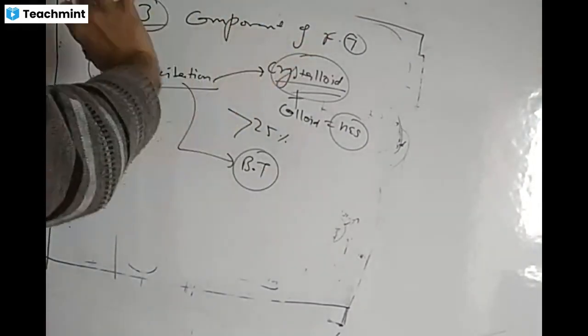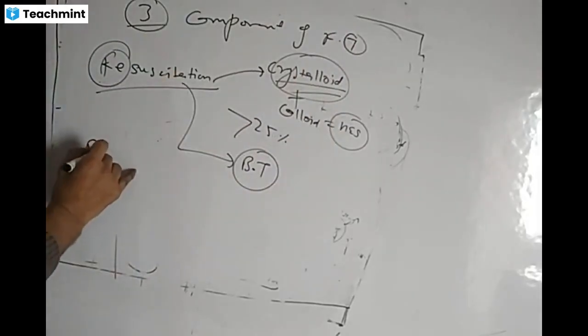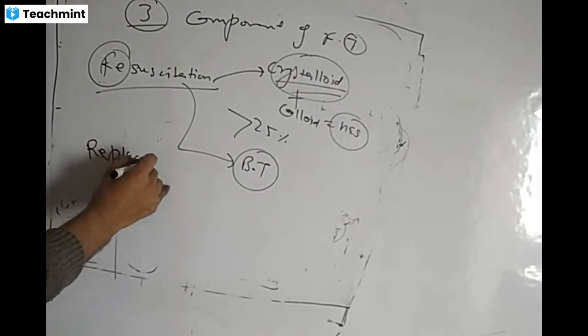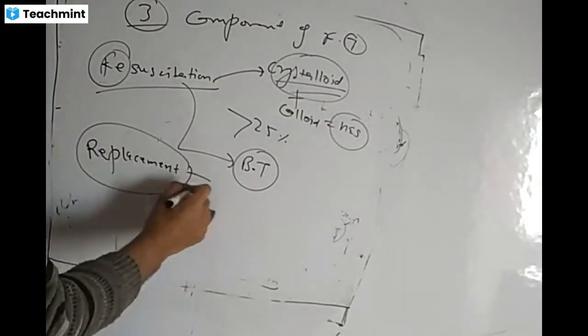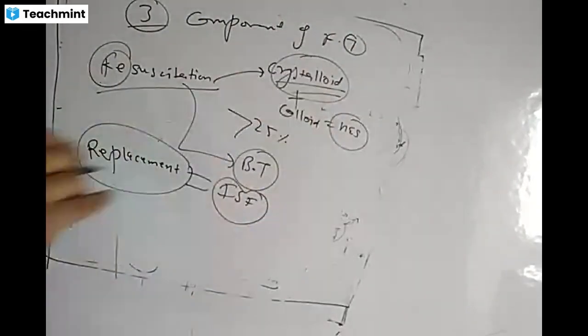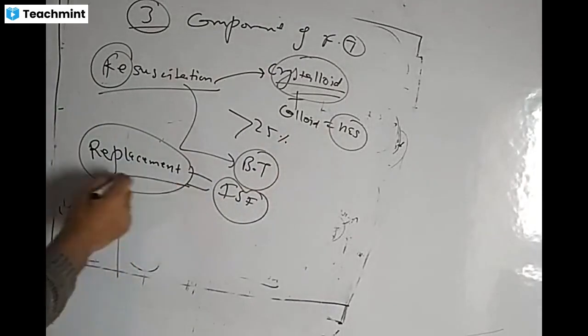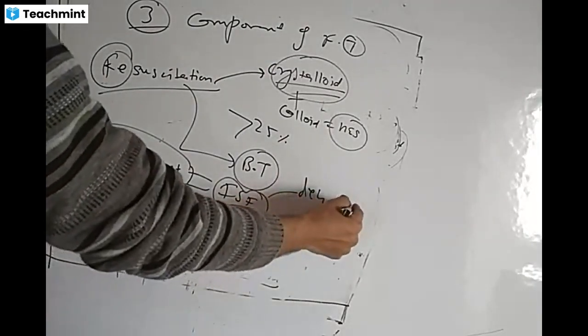Once the intravascular compartment is restored, we will go for the replacement component. In this case, we try to restore the interstitial fluid compartment, which is nothing but your dehydration.